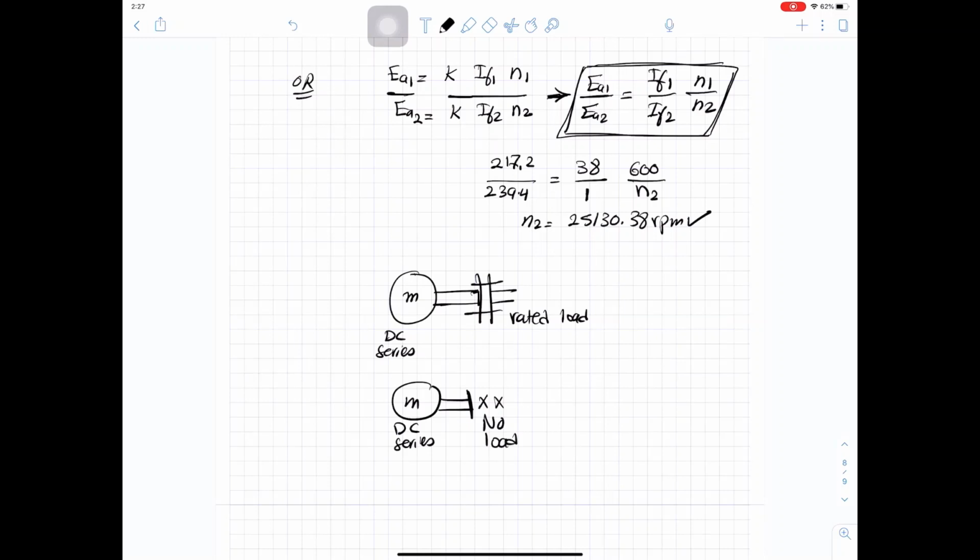And this can be done by just having a clutch here, and you disconnect the clutch so you can remove the load. When the DC series motor was running with full load, it was running at 600 RPM. When you completely removed the load, your speed went to 25 kRPM.